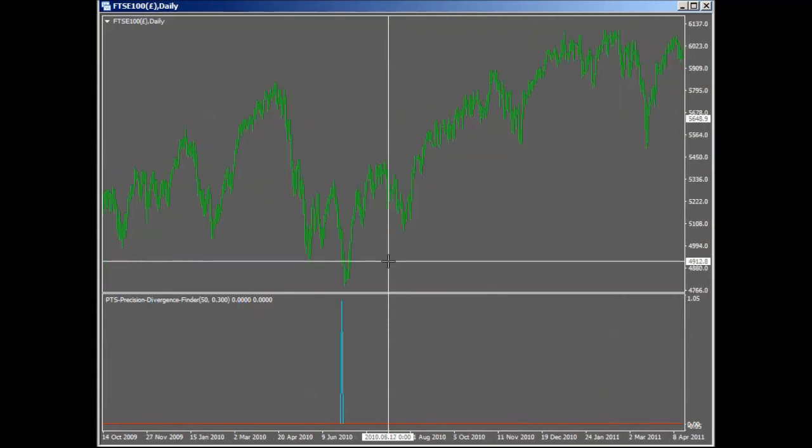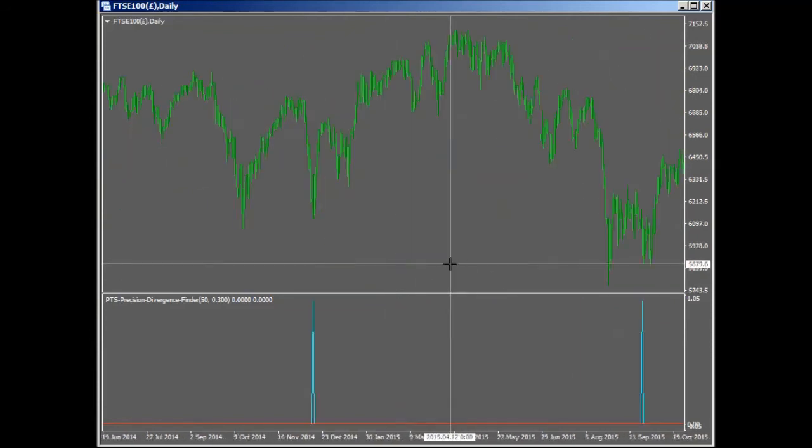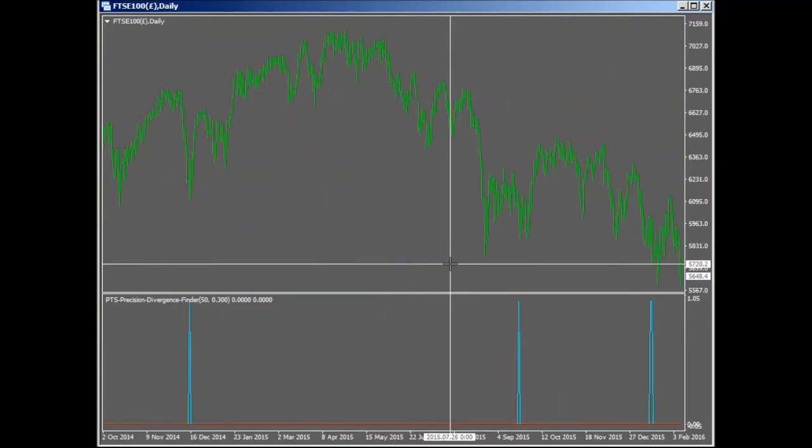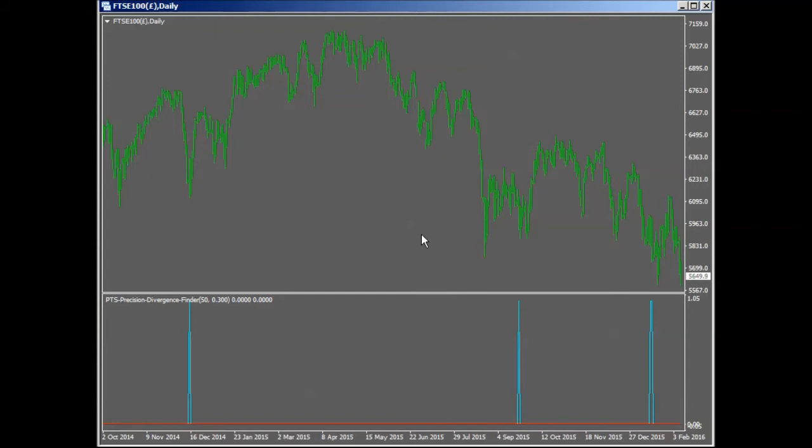You get a worse entry price, but you would remove a lot of these bad signals. I've left it completely unfiltered because a lot of people are quite sophisticated and they know what they're doing.